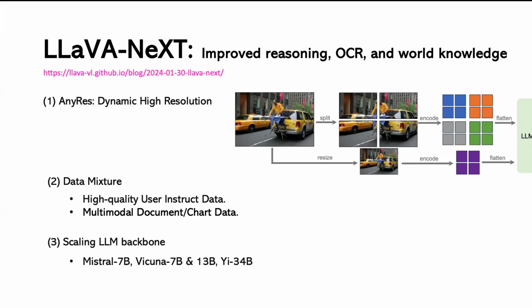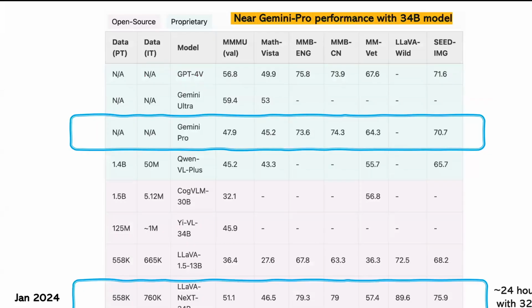And by combining these three techniques, let's take a look at the results. The best model shows near Gemini Pro performance on selected benchmarks. Note that this is trained in 1 day on 32 GPUs.